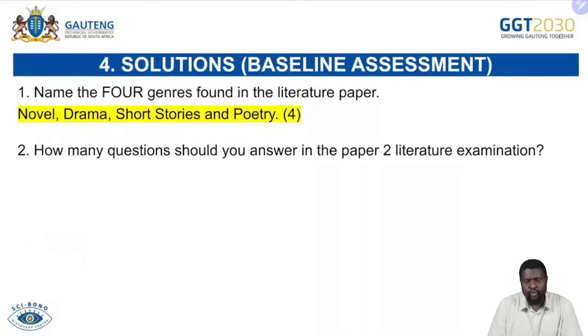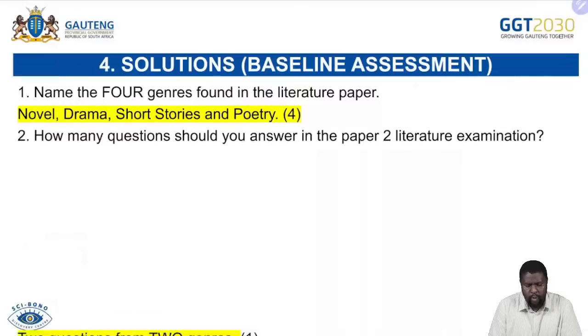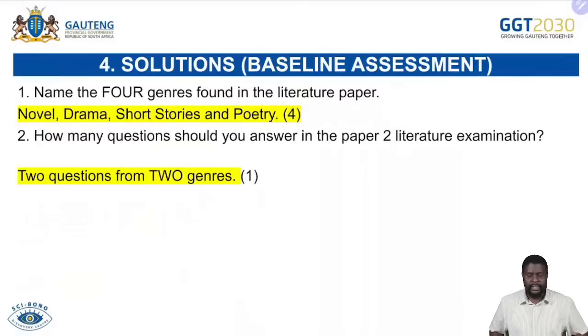So you need to know exactly how to go about choosing the questions. So how many should you answer? You answer 2 questions from 2 genres. So you can either do 1 question from the novels, 1 question from the drama section, or 1 from drama, then short stories, but you cannot answer all of them.